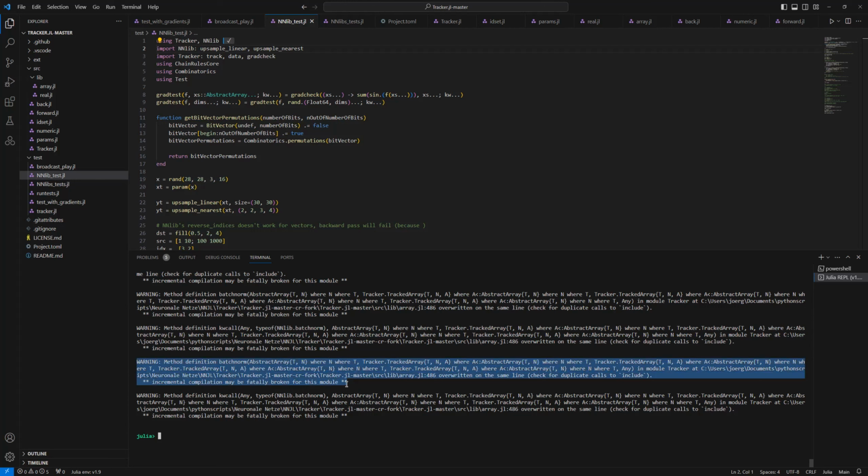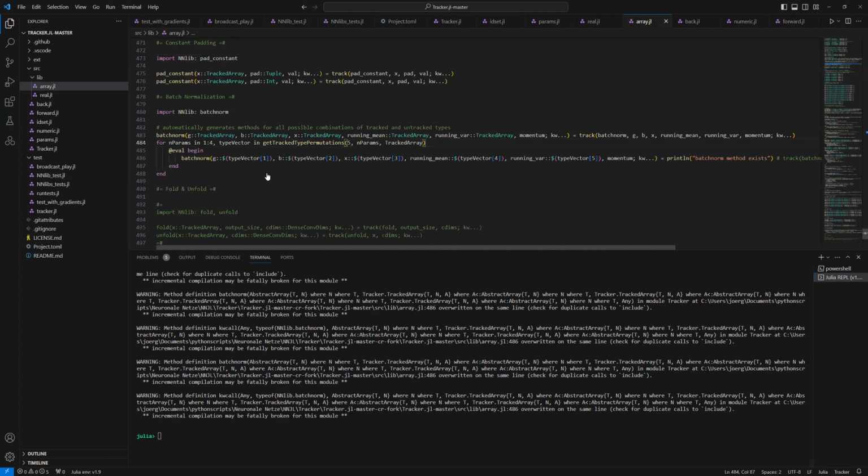So I think the main thing to make sure, when you have a lot of parameterized array types here, is that even when the text of the type is different, if the dispatch is the same, so it's the same method, you can get this kind of error.